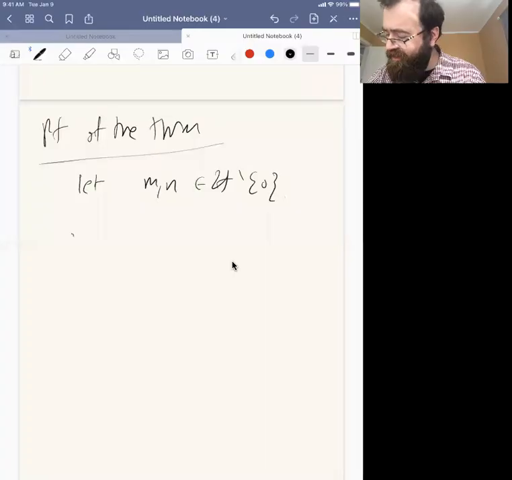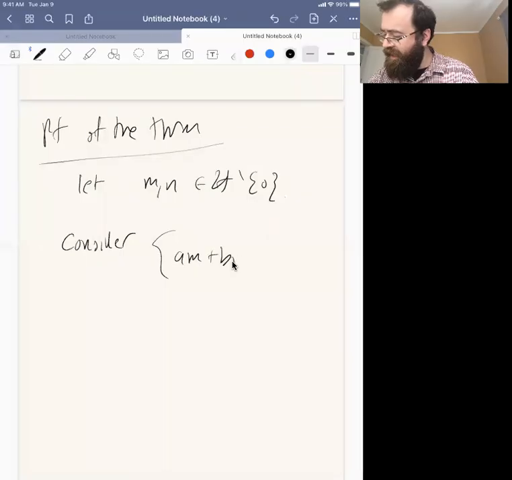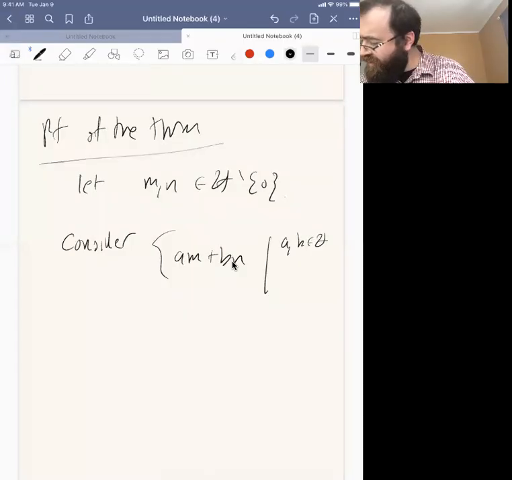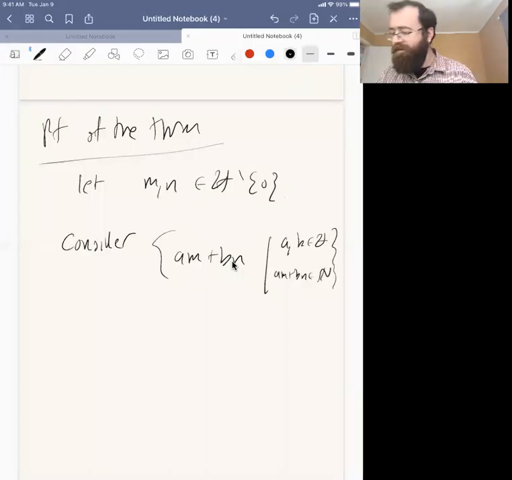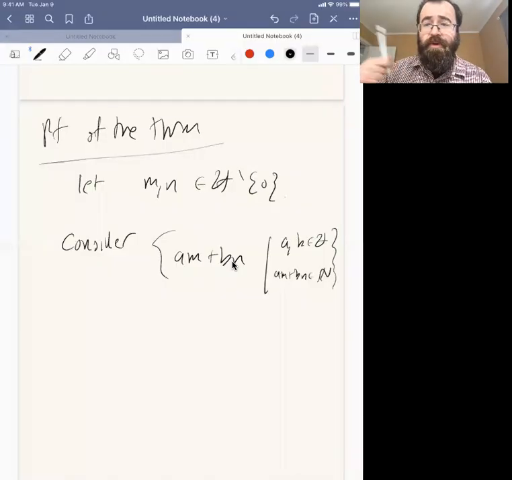So let's consider the set am plus bn, where a, b are in Z, and the whole result, am plus bn, is in N, right? So we're going to consider all of the possible integer linear combinations of this m and n.